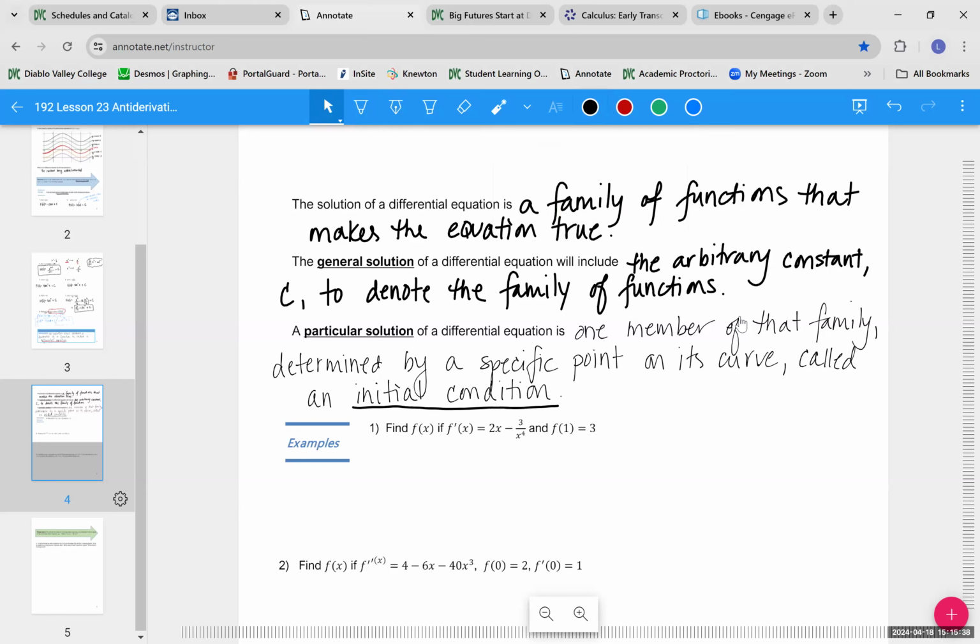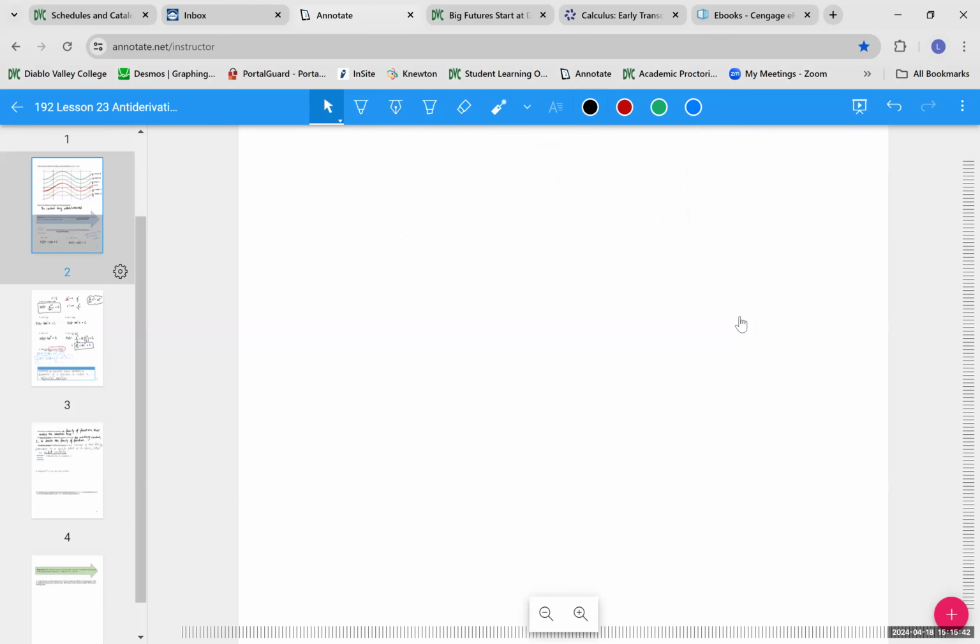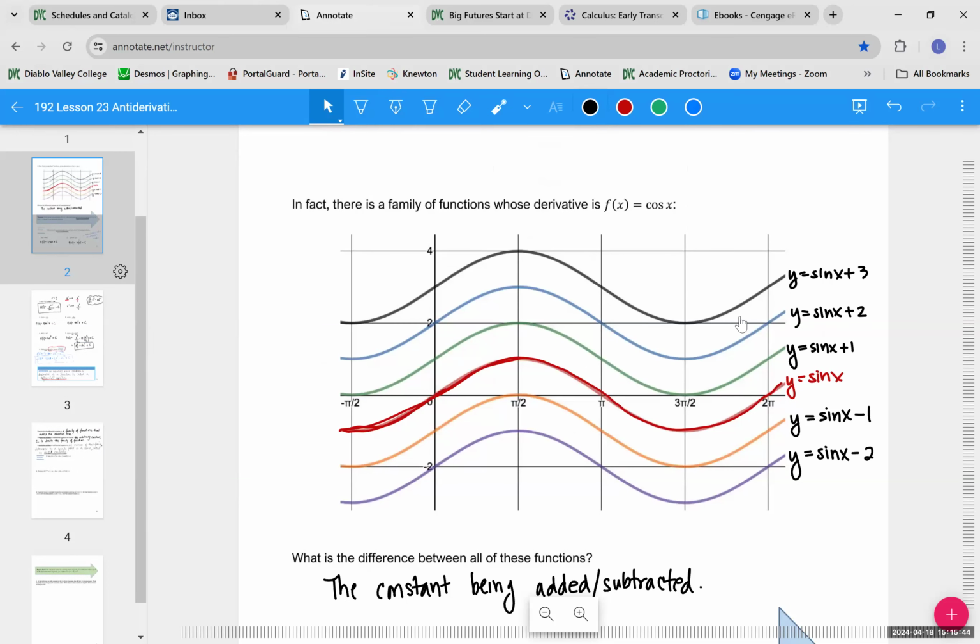Let me go back to this picture over here. These are not all of the members of the family, but these are some members of the family of functions that are basically solutions to f prime of x equals cosine x.